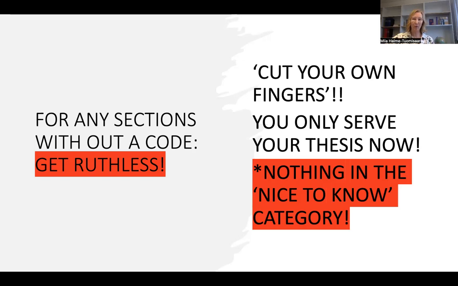And this actually applies to many sections that only have one code. So for example, let's say that we are talking about abortion in Ireland. Ireland would then be one code, but there should not be very long sections where there's just general discussion of Ireland.